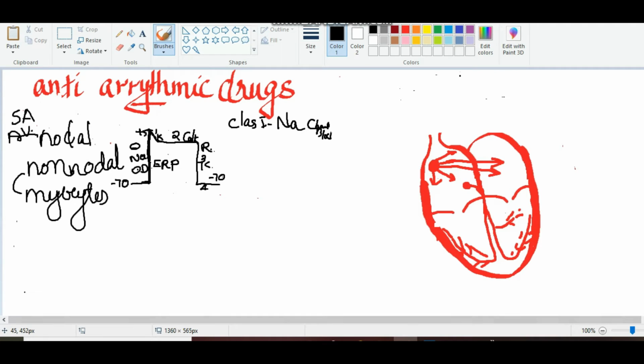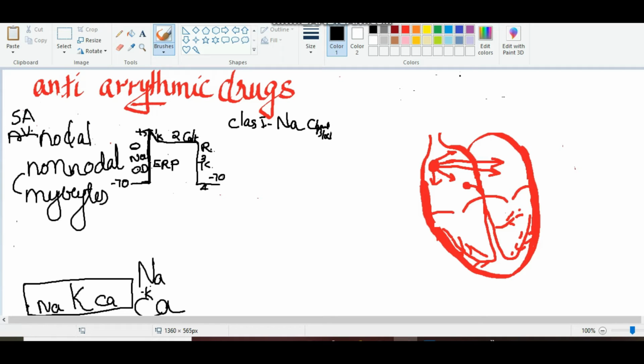I'm going to draw a cell here. The cell has three ions: sodium, potassium and calcium. The same ions are present outside the cell as well. These are positively charged ions.